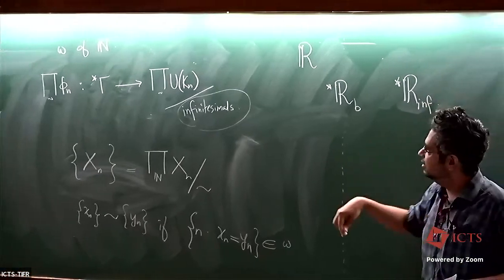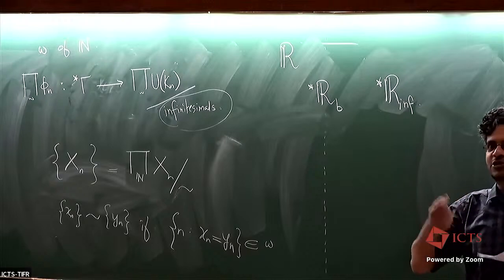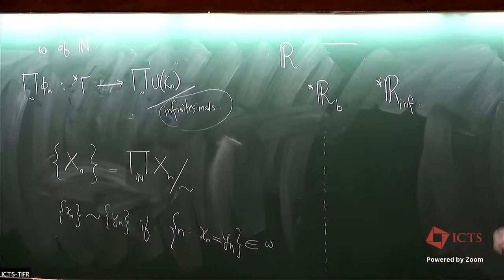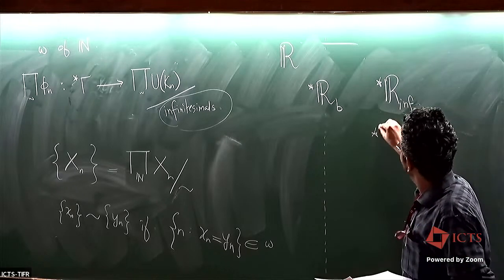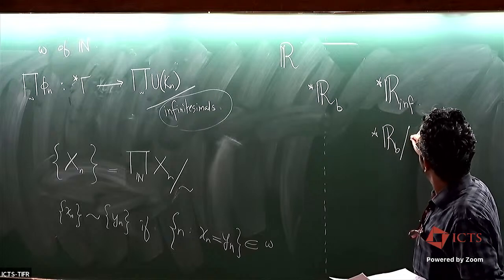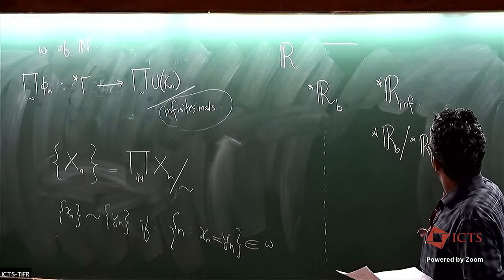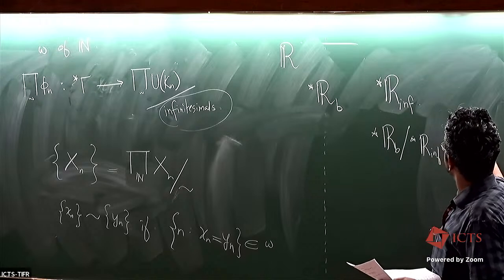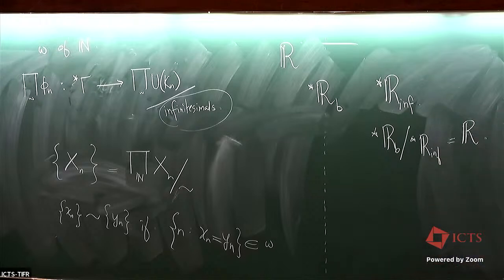So sequences that go to 0 actually appear as objects here. And you can quotient out R bounded by R infinitesimals, and you'll just get R again. So these are some standard notions of non-standard analysis.